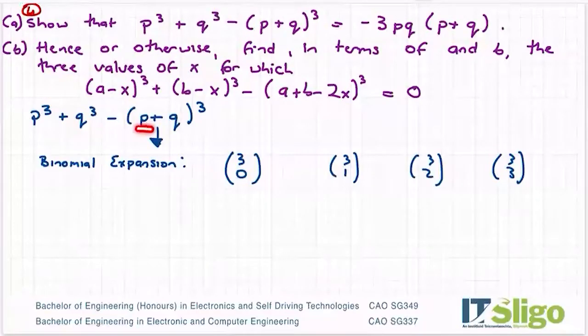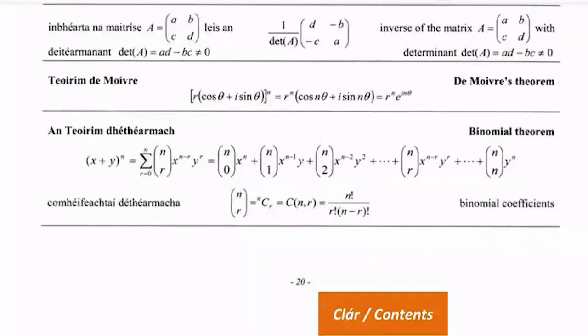Well, my first term is p. So p to the highest power. Go down in powers, down in powers, down in powers till there's nothing left. Okay, and then you start off then, in this case, you'd have y to the power of 0, y to the power of 1, y to the power of 2, y to the power of 3 in our case.